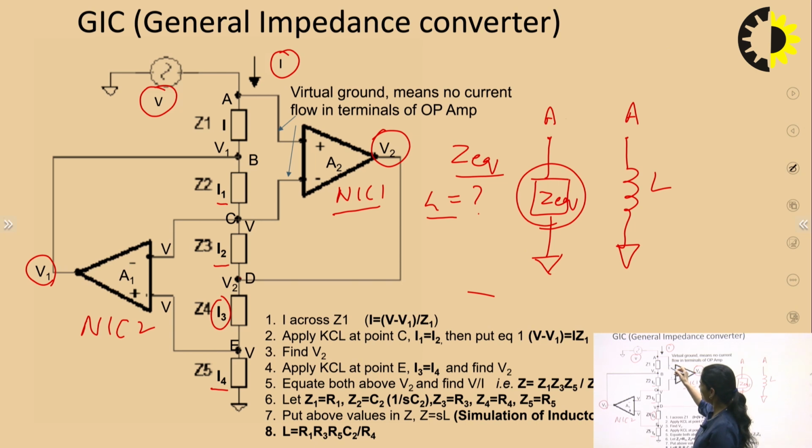If the input voltage at this point is V, the voltage at the second terminal is also V due to the virtual ground concept.